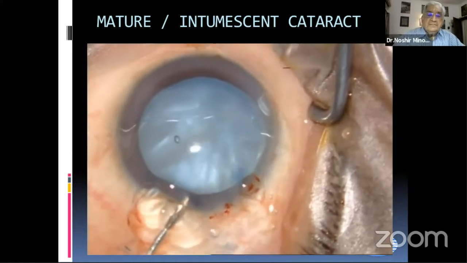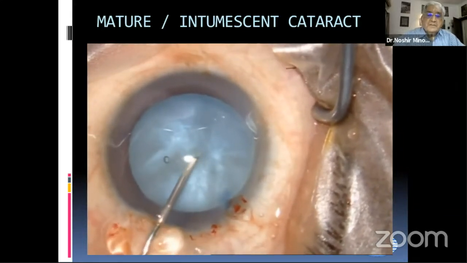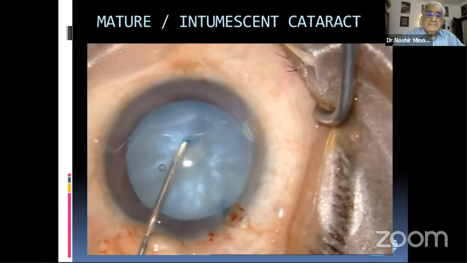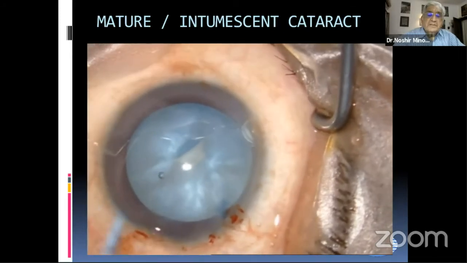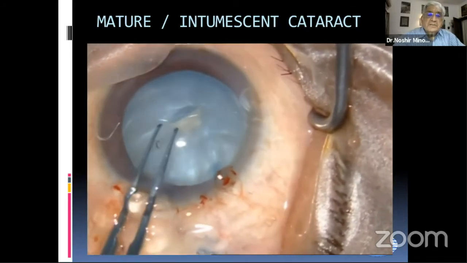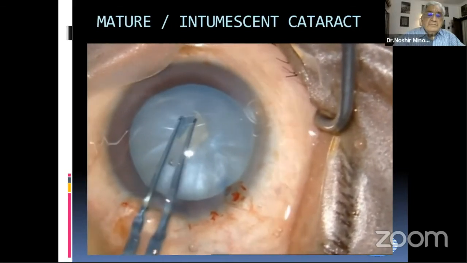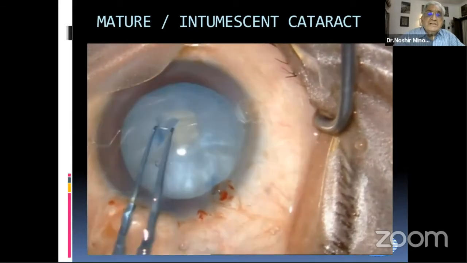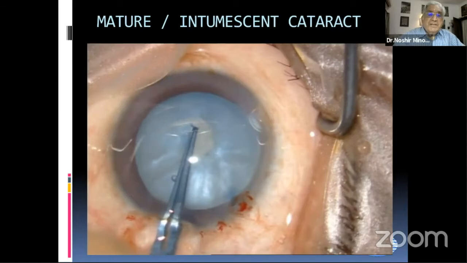This is again an intumescent cataract. We started with this rhexis. Again, we thought the chamber was deep, but you can see that the rhexis is tending to go towards the periphery.